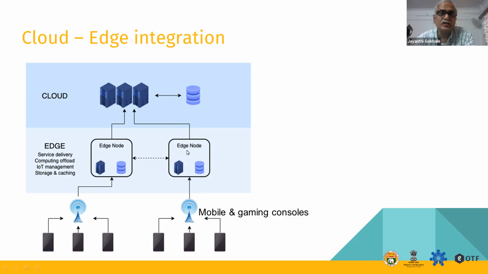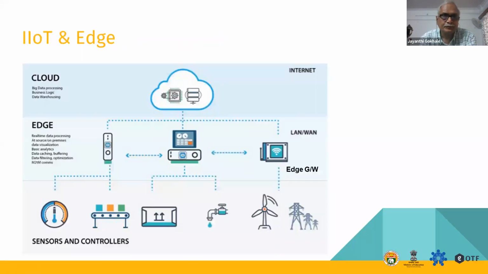So the services are no longer delivered from the centralized infrastructure, but are made available from this edge node infrastructure. This way, latencies are reduced drastically from maybe 50 milliseconds down to about 8 to 10 milliseconds, which is a marked improvement for the requirements and demands of mobile and gaming consoles.